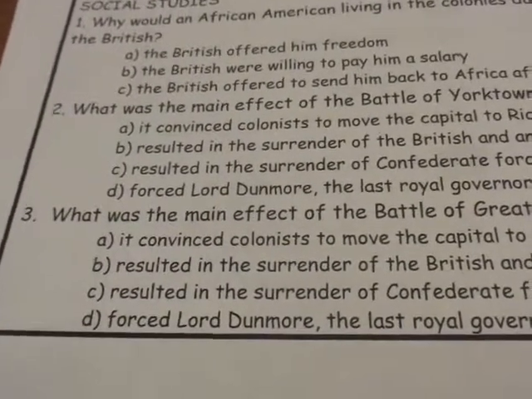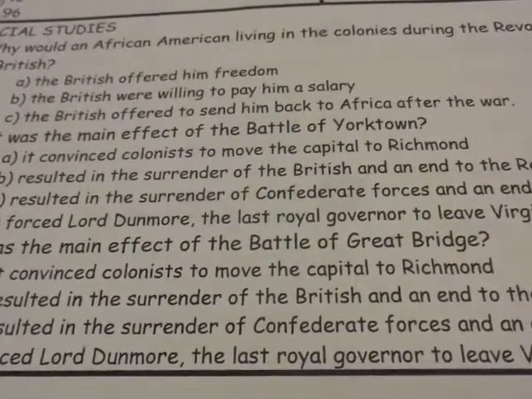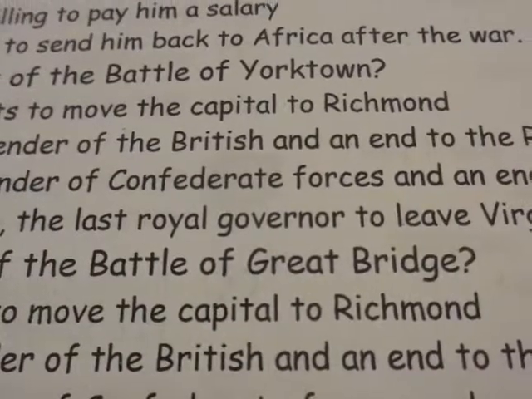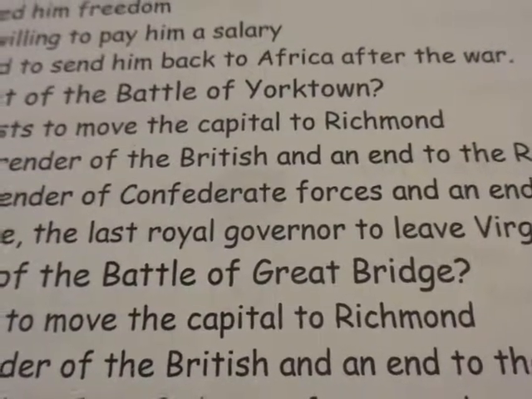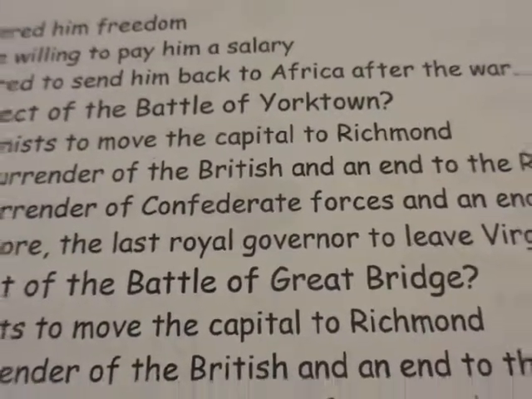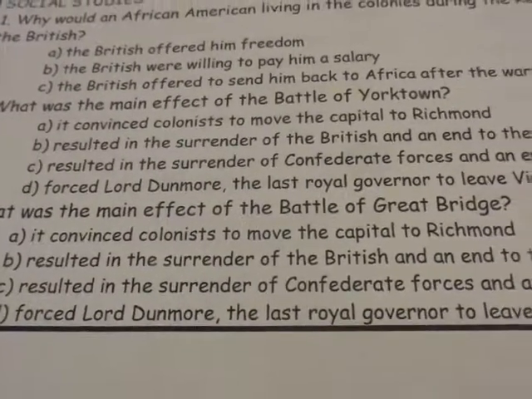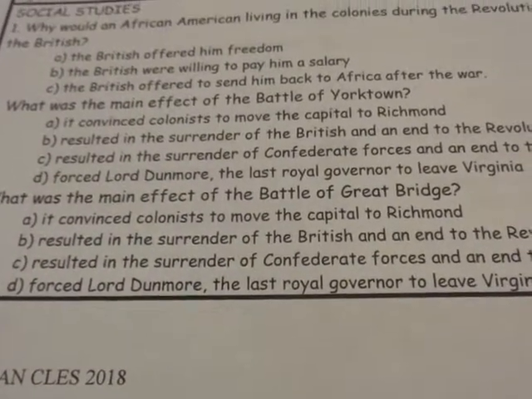Number 3, what was the main effect of the Battle of Great Bridge? So, you've got to know information about the Battle of Great Bridge. You have to know this is where the Revolutionary War started, and that it was in Virginia as well. So, what happened at that Battle of Great Bridge? A, it convinced colonists to move the capital to Richmond.